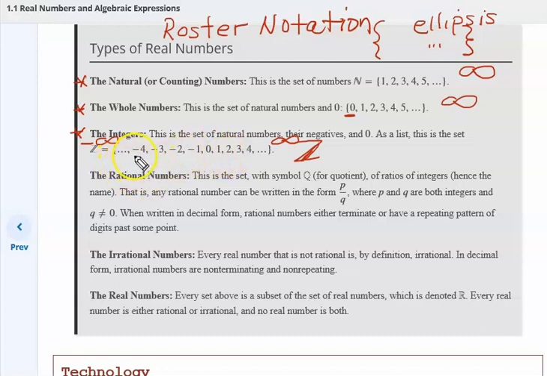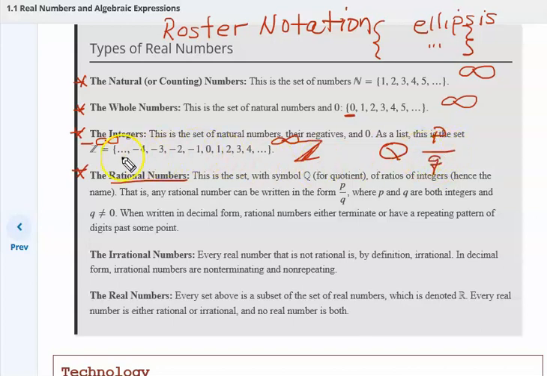Now, the next set of numbers are the rational numbers. Rational numbers, by definition, and we use the symbol Q for the rational numbers, is dividing a number, let's say P, by a valid number Q, gives you what would typically be referred to as fractions.